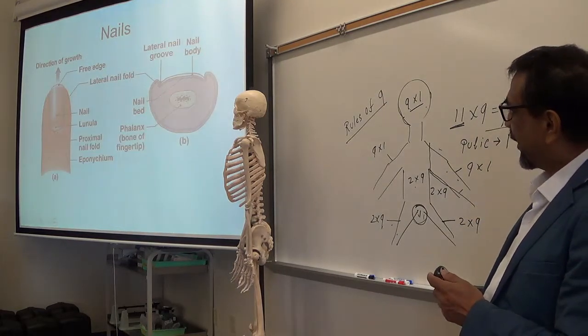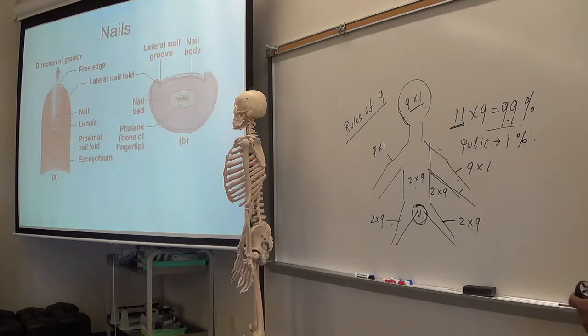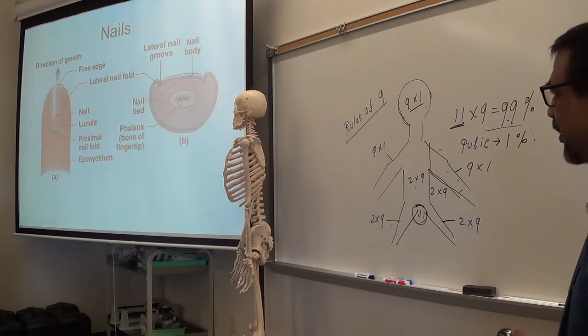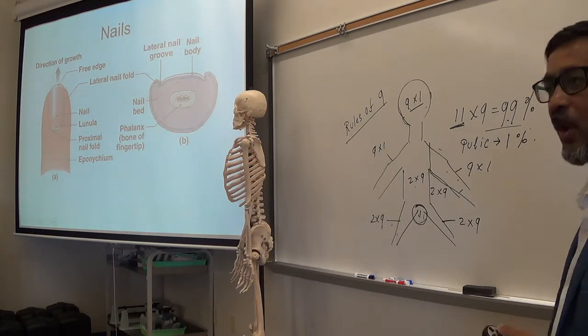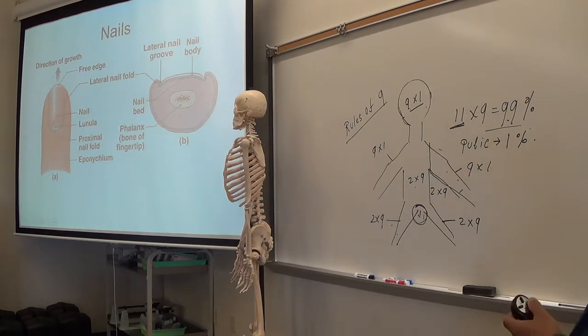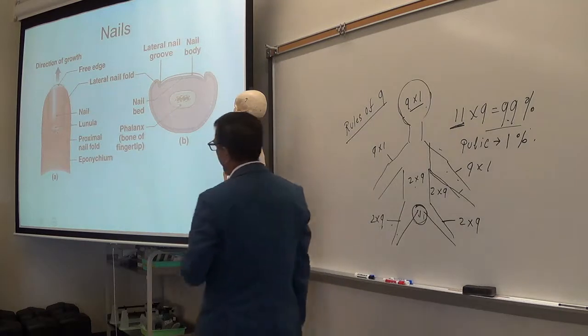Let's quickly go over again. From outside, you can see the most distal part, which is not supported by nail bed. That is called what? Free edge. Very good. The big part that is supported by underlying nail bed is called the nail body. Is it clear? And the most proximal part, whitish, is the lunula.